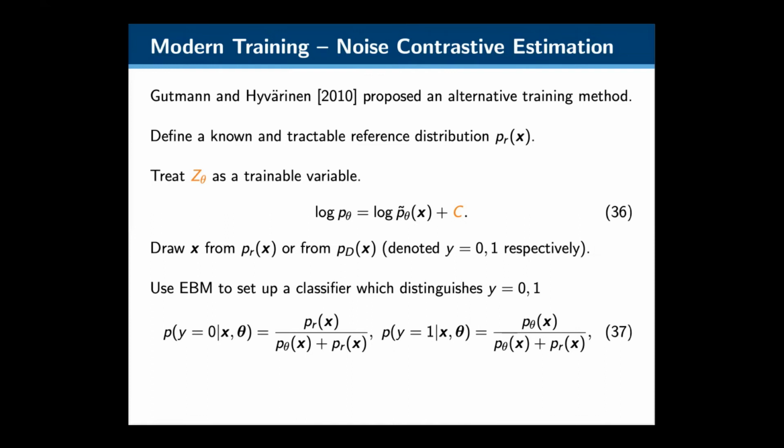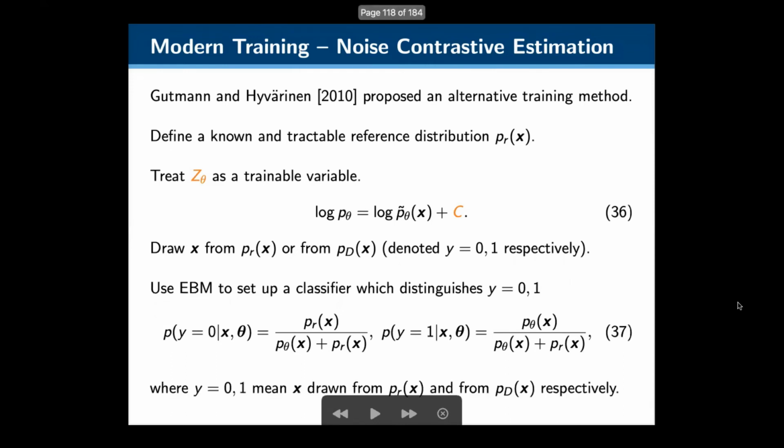So we'll present our EBM and our reference distribution with a sample we just drew, and we'll evaluate the probability that it came from the reference or that it came from the model. And these are the expressions you get from Bayes' rule, where 0 and 1 mean these events respectively.